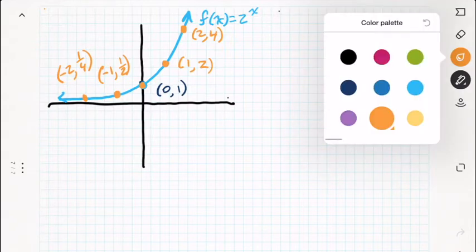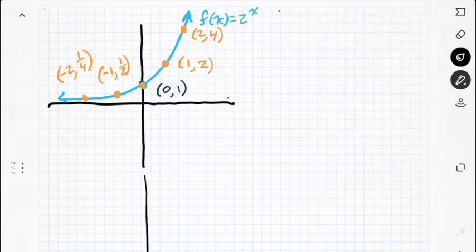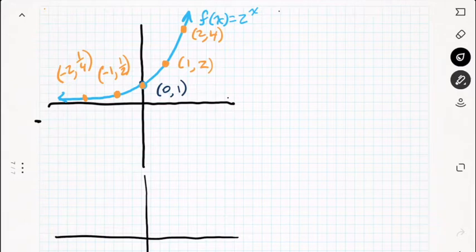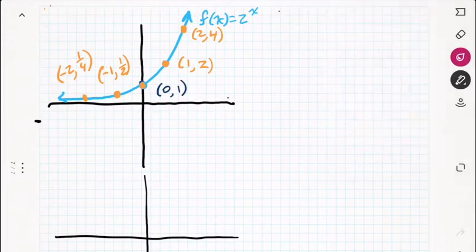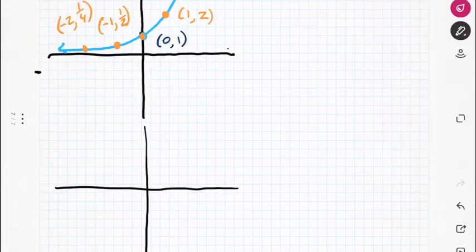So logarithm being its inverse, log base 2 specifically, its graph is going to reverse each one of these coordinates. So let's reverse all the coordinates first. So 2, 4 becomes 4, 2. 1, 2 becomes 2, 1. 0, 1 becomes 1, 0.